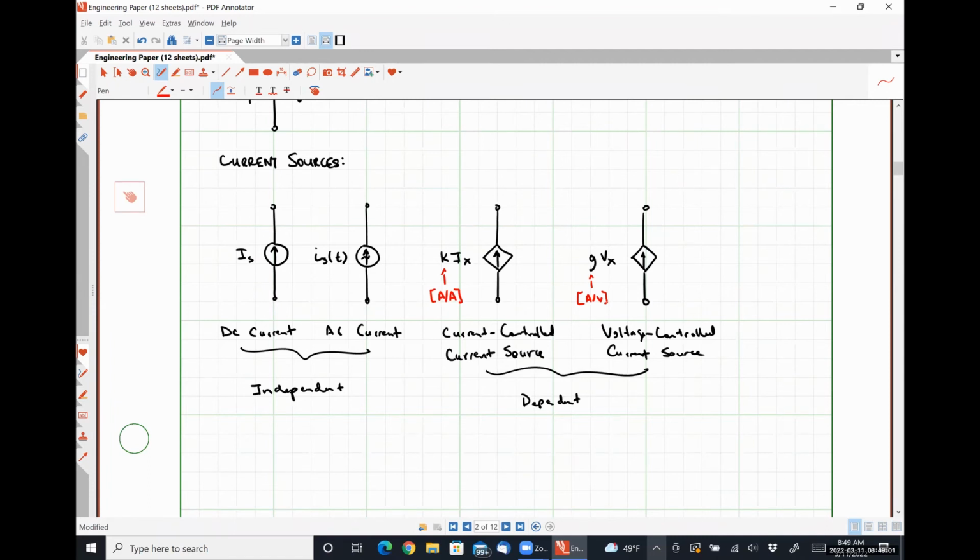The key here, and this probably seems obvious to many of you, anytime the symbol has a plus and minus sign, it's a voltage source. Anytime the symbol has an arrow, it's a current source. That's it. That's how you tell the difference. It is that simple. All right, any questions regarding currents and current sources?